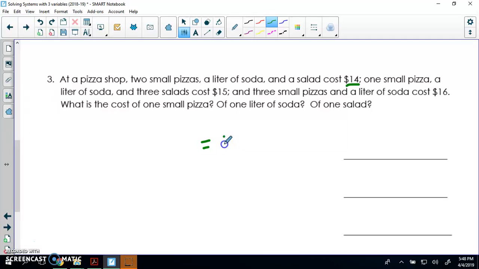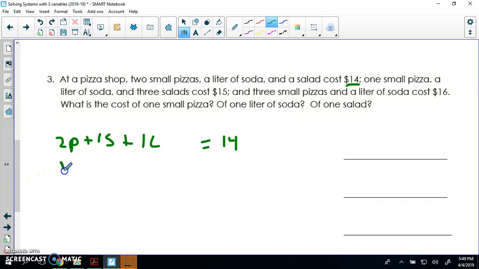I'm going to go 14 bucks. 2 small pizzas, plus 1 soda, and 1 salad. We'll call it L for lettuce, because lettuce is in salad, right? I have 2 pizzas, 1 soda, and 1 lettuce equals 14 bucks.